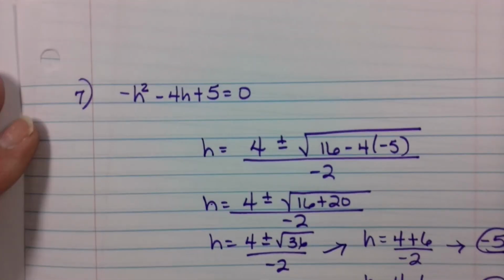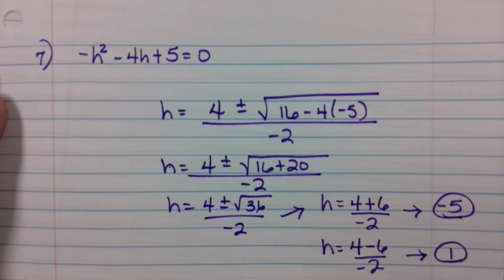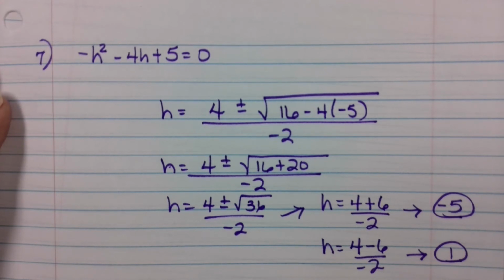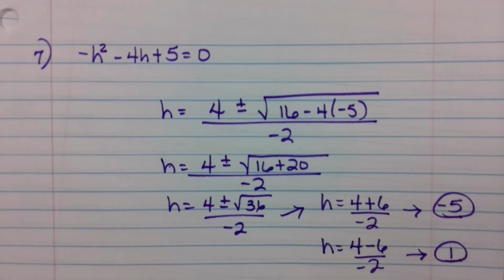Good question, though. Everything's so good. No, it's just a little mistake there. Because I just had negative 4, negative 1, and regular 5. So that should have come out about the same. Yeah, that would. So did you have the square root of 16 plus 20 or the square root of 36?